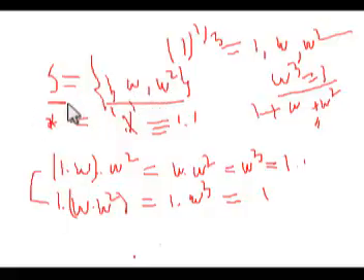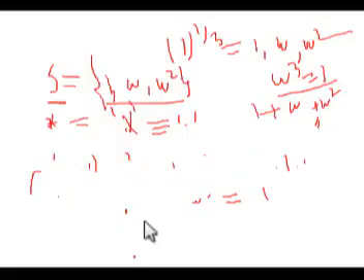The set is associative. Now to find the identity element, can you guess what the identity element of the set is? Of course 1, because 1 gives the same element.